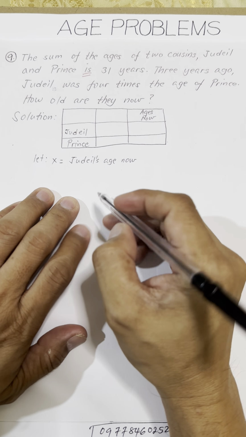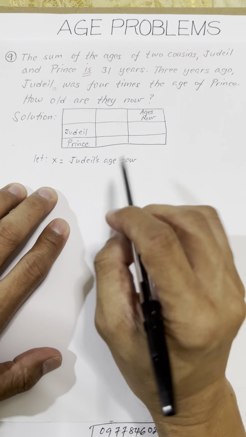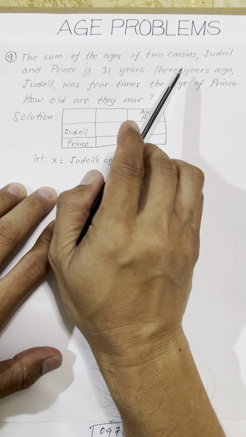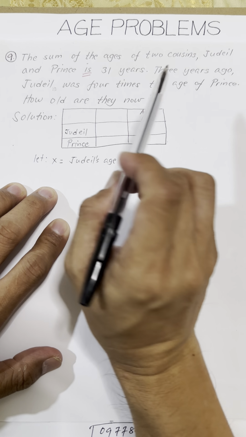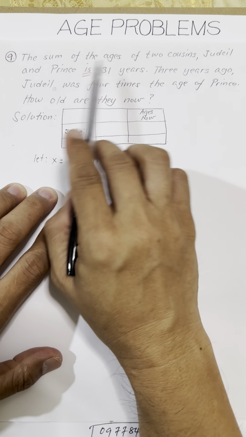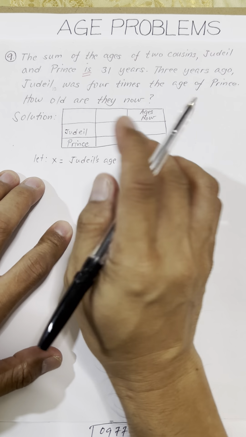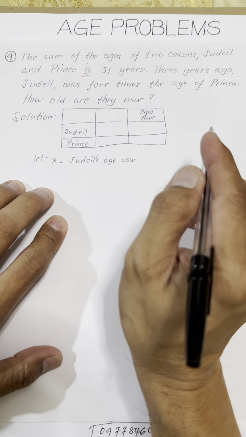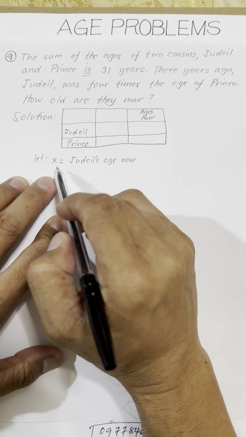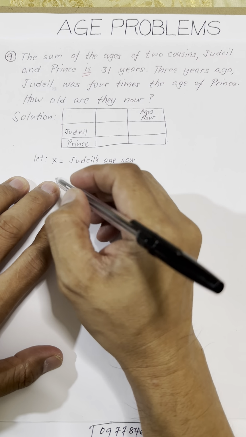We can use 2 variables or a single variable. So it's up to you. So it says that the sum of the ages of 2 cousins, Judel and Prince, is 31. So how will you formulate an equation out of this statement? If you have difficulties solving this in a single variable, then you can use 2 variables to represent different ages of Judel and also Prince.